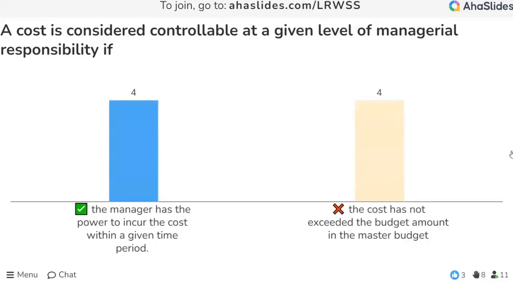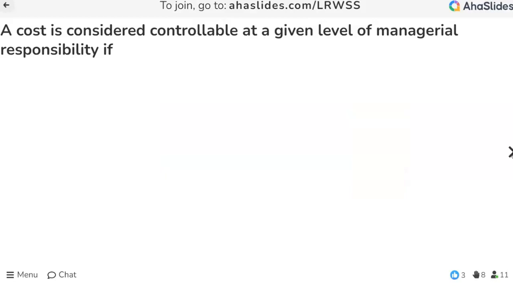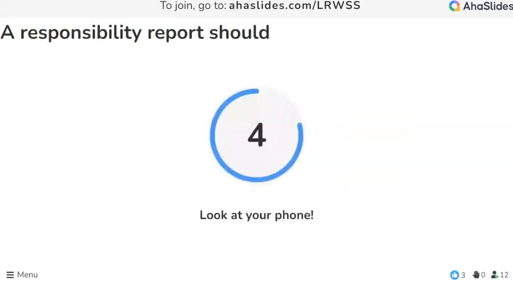Oh, come on now. Obviously, the manager has the power, has the say over that cost. That's what controllability means.